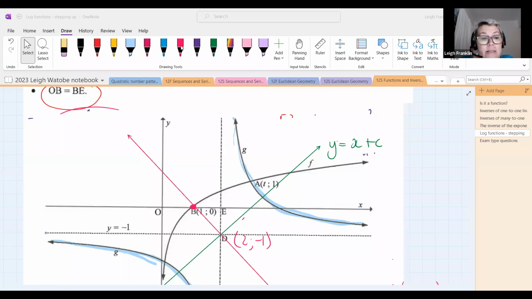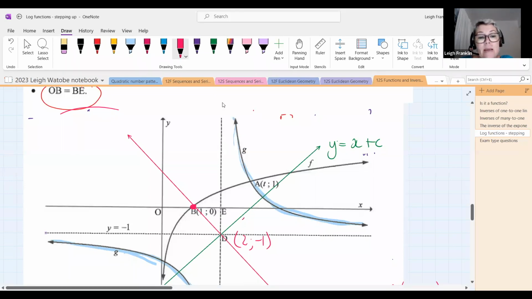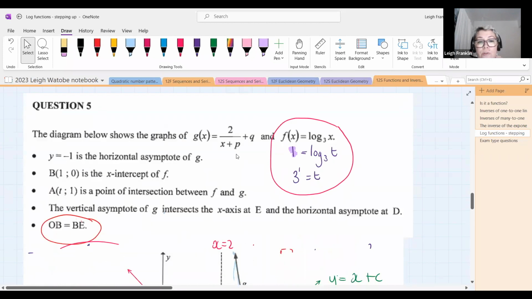If they tell us OB equals BE, we know from O to B it's 1 unit. So from B to E it's going to be another unit, isn't it? So that was important to us to know that this was the line x equals 2. If you recall, we used that when we calculated the value of p over here.